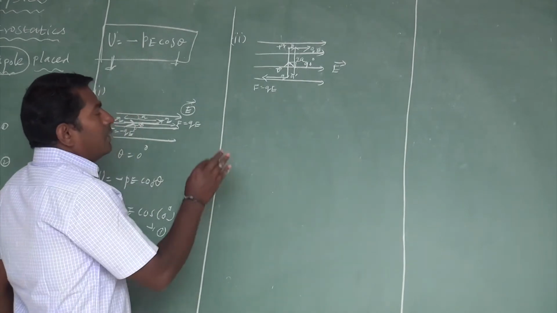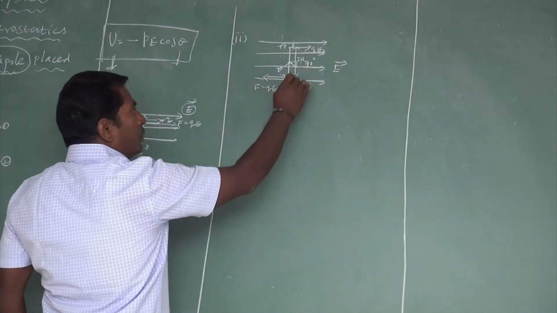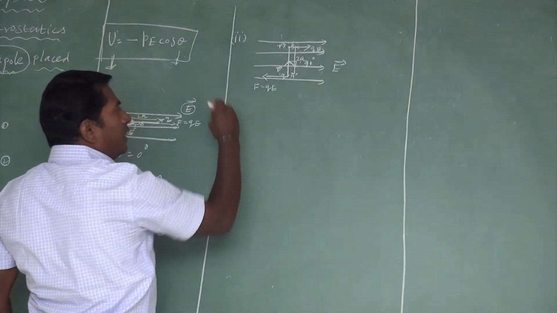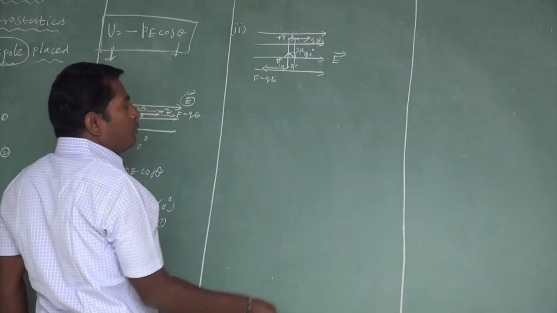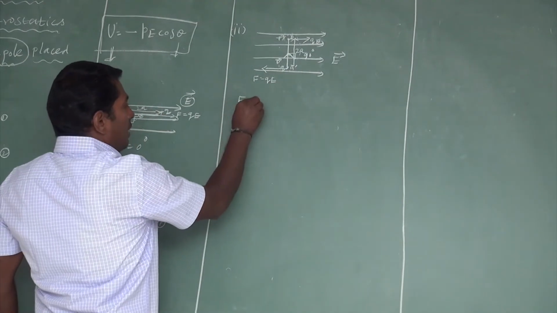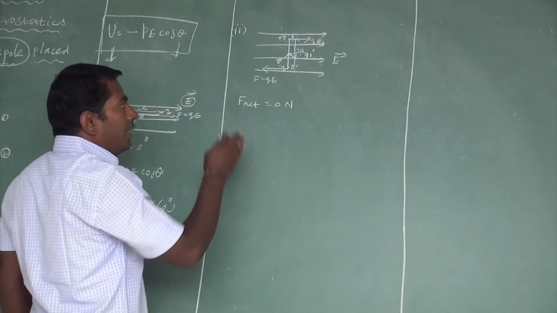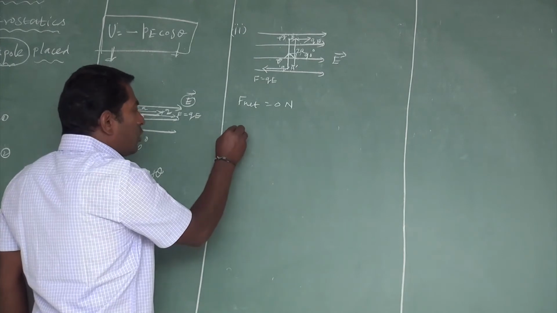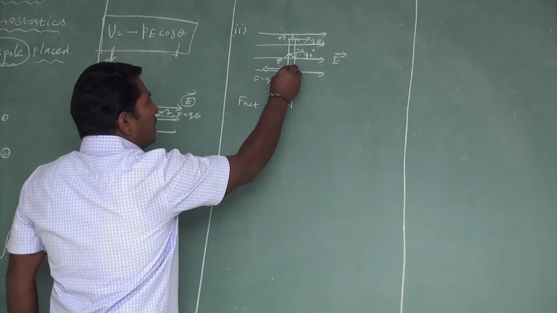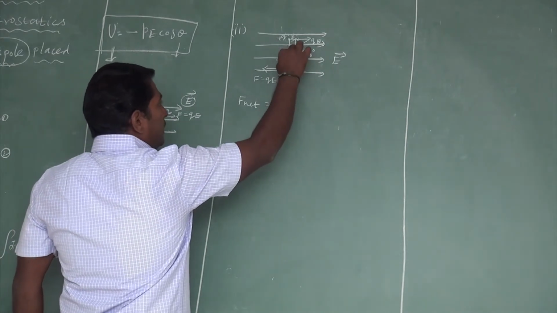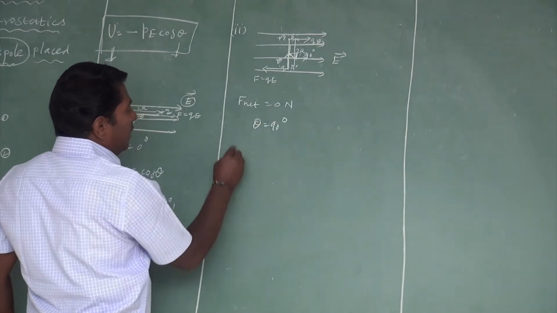What happens? Net force acting on the electric dipole: here also, equal magnitudes of charge act in opposite directions, so the net force acting on the electric dipole is 0. Net force is 0 newton. But in this position, the electrostatic potential energy can be calculated. The angle between the direction of the electric dipole moment and the direction of the electric field is 90 degree, theta is equal to 90 degree.